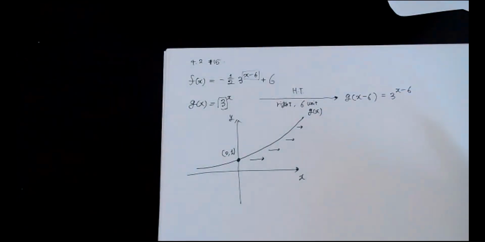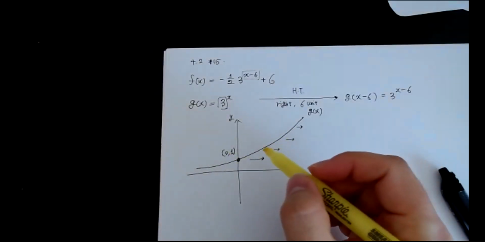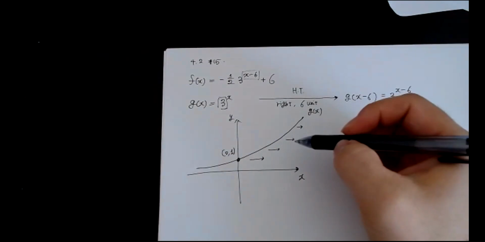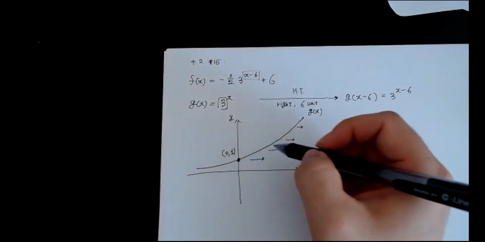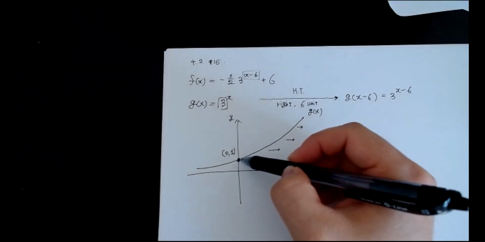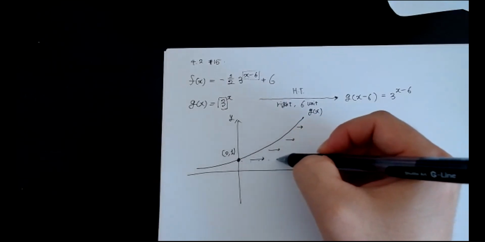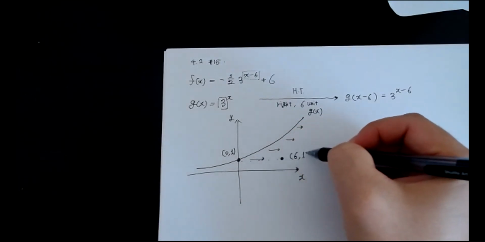Okay, and then we're going to get a graph like this. To figure out the graph of g of x minus 6 a little bit more clearly, let's figure out what happened to the y-intercept. This y-intercept 0, 1 is moved to the right 6 units. Then the point is going to be right here, and this is going to be 6, 1, right?